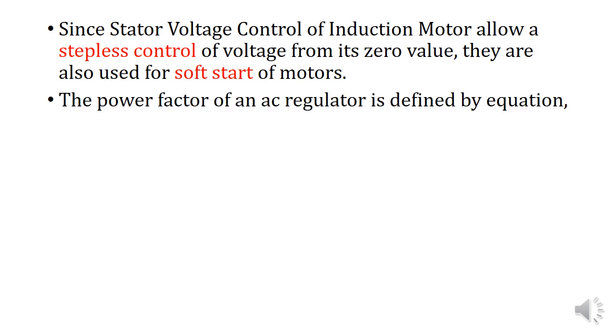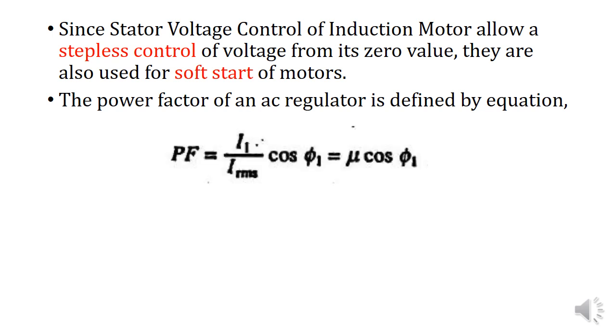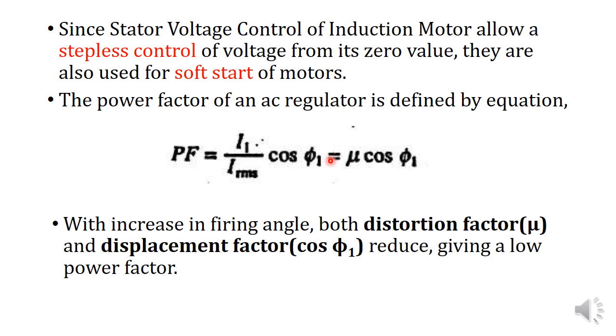The power factor of an AC voltage controller is given by the equation: power factor is equal to I1 into cos phi 1 divided by IRMS, which is equal to mu into cos phi 1, where mu is the distortion factor, which is equal to I1 by IRMS, and cos phi 1 is the displacement factor.